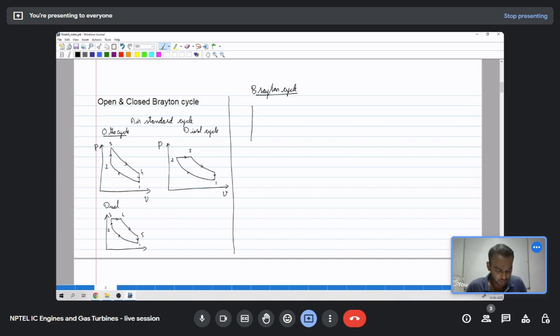So here, as in the previous cases, the fluid is first compressed isentropically, and then heat is added at constant pressure, and then expansion takes place at constant entropy, and then heat is rejected at constant pressure.